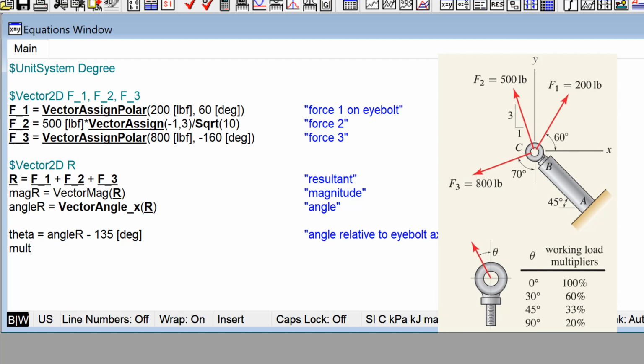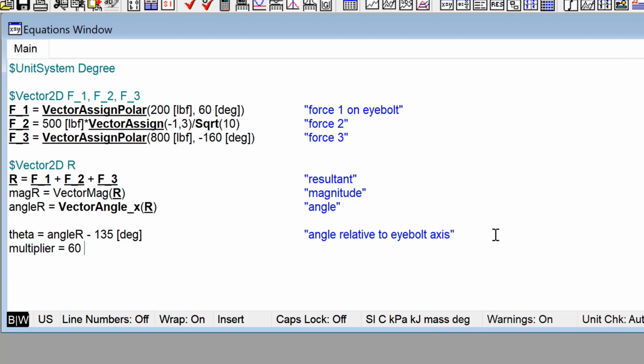Our multiplier is 60%, and of course we'd like to convert that from percent to just a fraction so that I can actually multiply it. So this is the multiplier, and the max load then is 2,100 pounds times the multiplier. So this is the maximum allowable load.